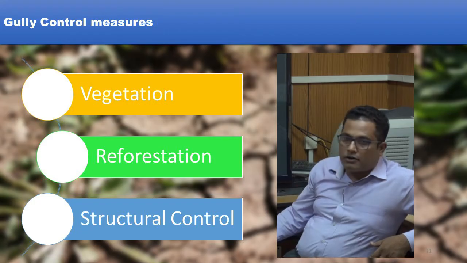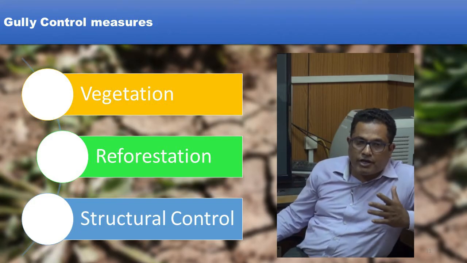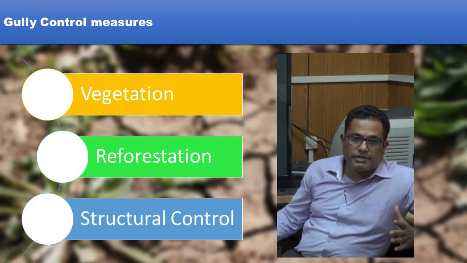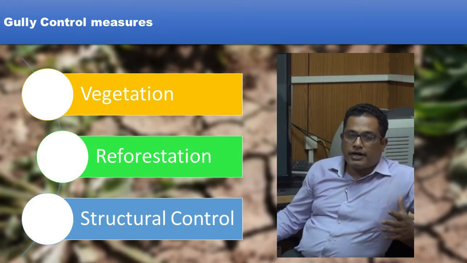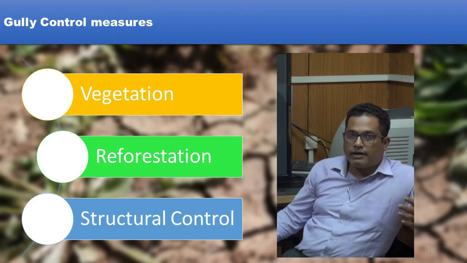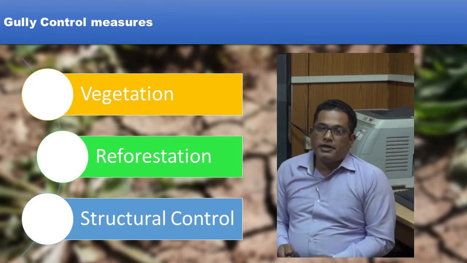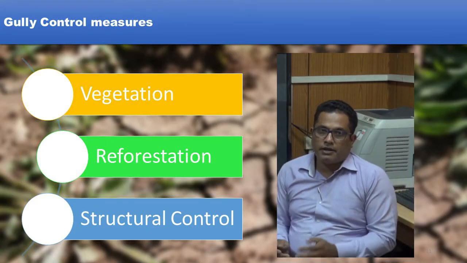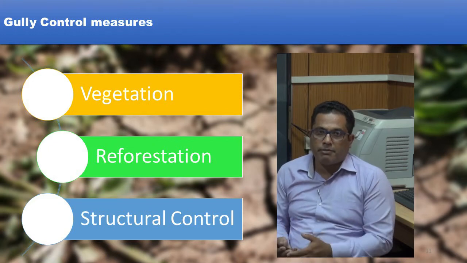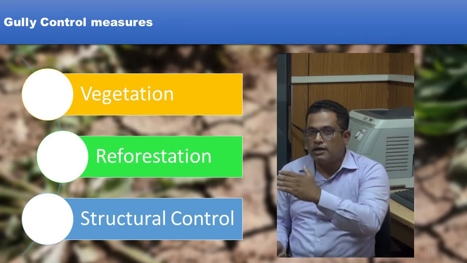Third is structural control. These are permanent or temporary structures which we construct in the drainage line. Drainage lines are the gully lines, permanent gullies through which water passes, especially in the non-agricultural land that we discussed in the previous class. There are many structural controls that we will be discussing in coming classes, like temporary, semi-permanent and permanent structures constructed along the drainage line.